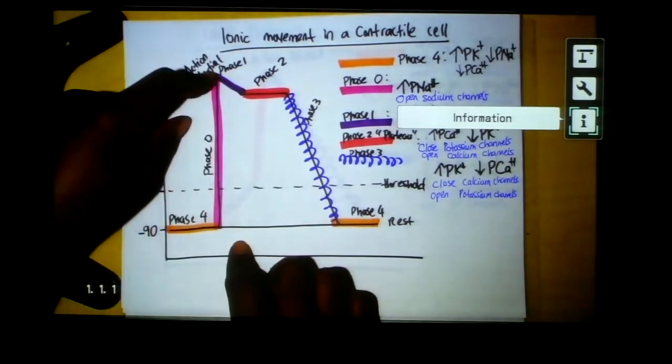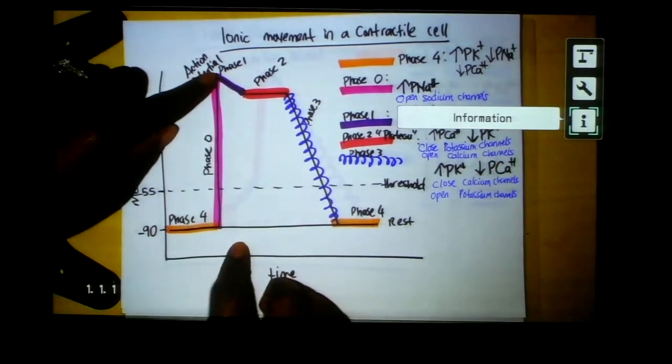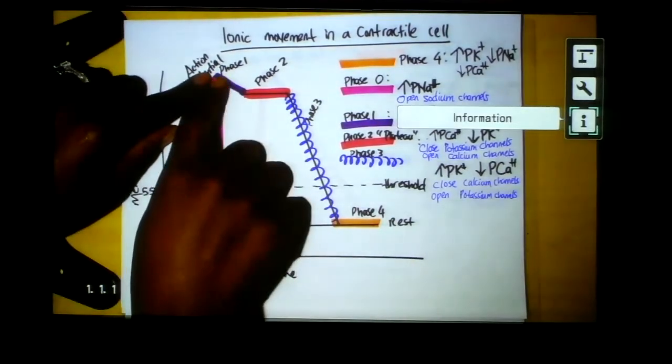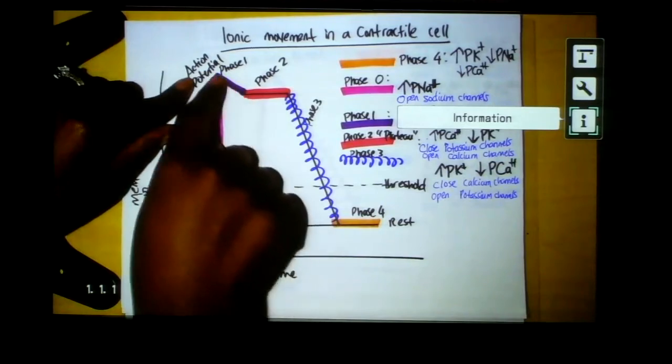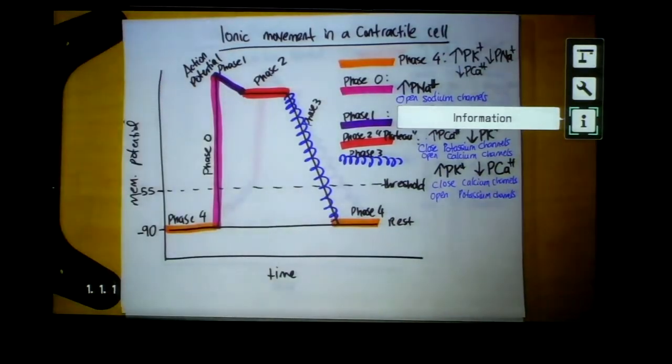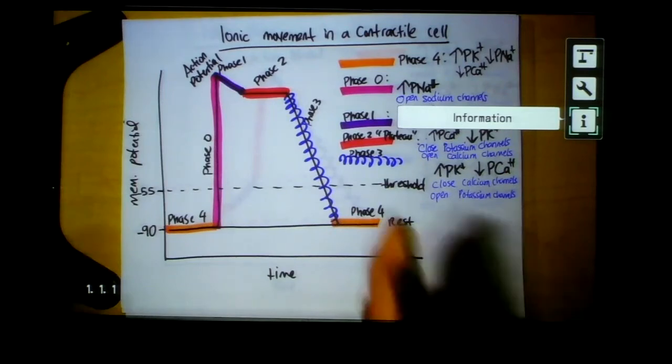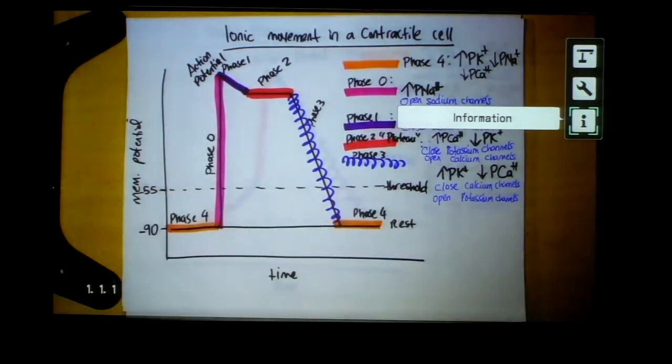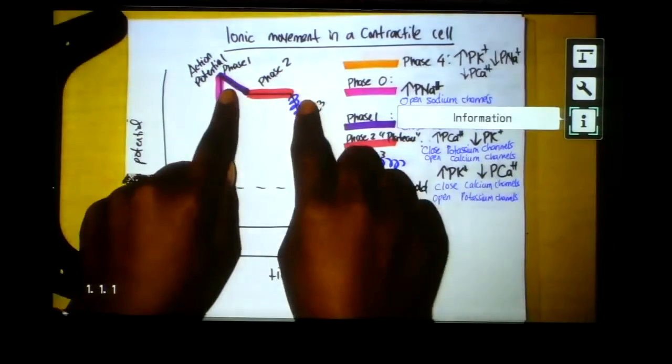After that, we still need to maintain depolarization for a little bit. So phase 1 is closing those sodium channels. This is an attempt of the cell to begin repolarizing. But we do not repolarize right away. We need to sort of delay this process. What did we say was the importance of delaying repolarization in a contractile cell? What's happening during this delay?